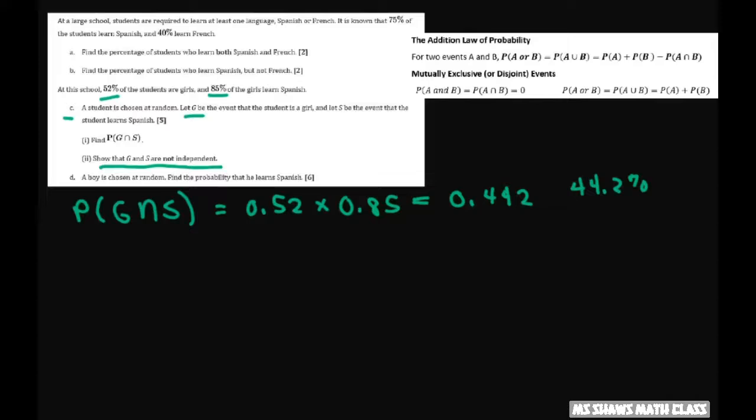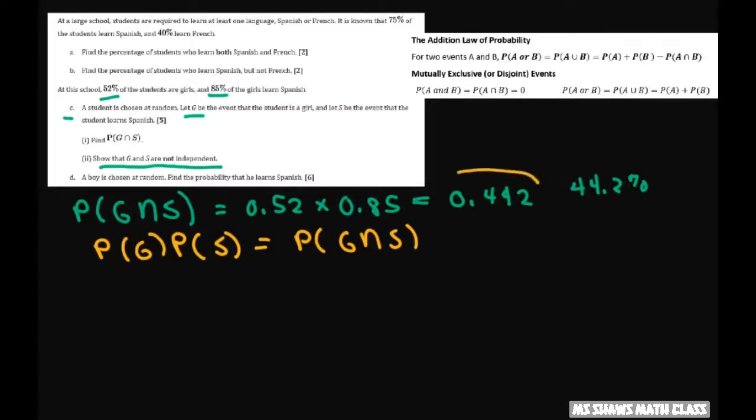Well, for them to be independent, that would mean that probability of G times probability of S has to equal probability of G and S. So we already know what this is, 0.442. So let's multiply those two.